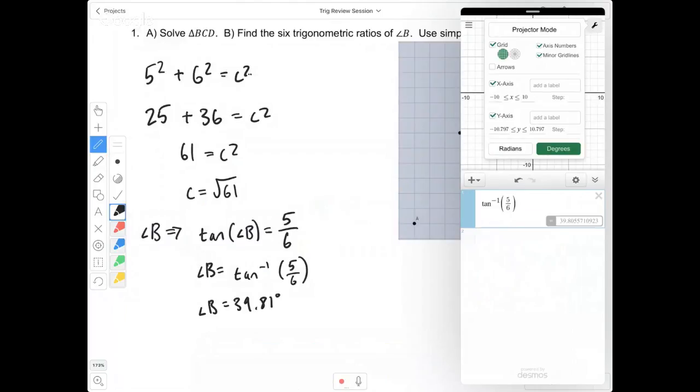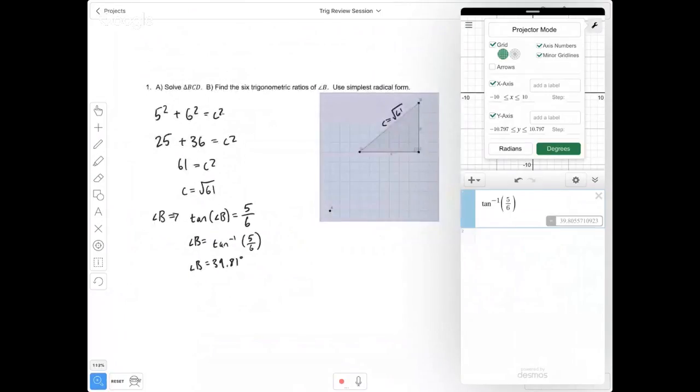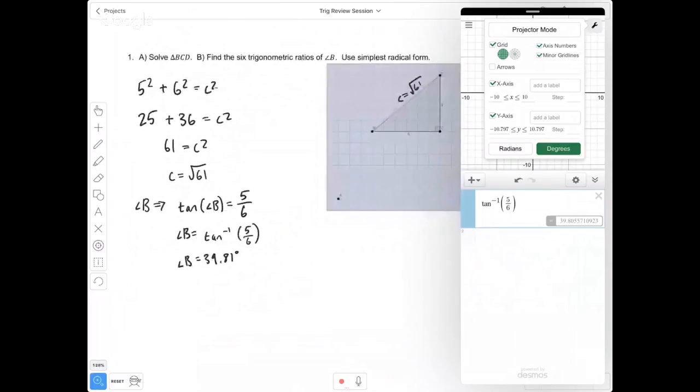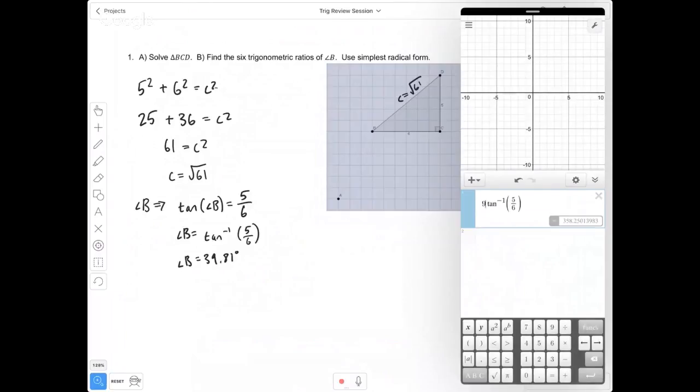Cool. And then obviously angle D over there is the complement, because the total of the angles has to be 180 degrees. So I'm going to say what is 90 minus that? 50.19 degrees.